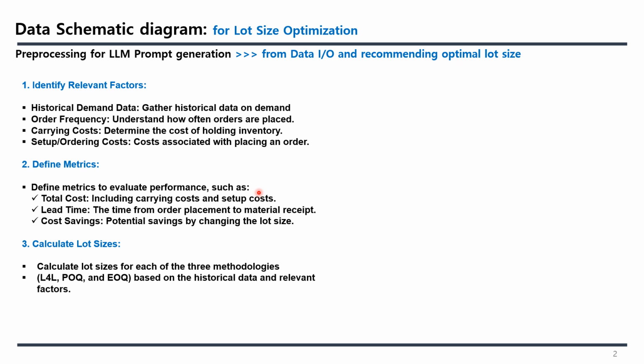First of all, I had better identify the relevant factors which affect lot sizes. They will be historical demand, order frequency, carrying costs, and setup and ordering costs, which will affect the decision of lot sizing remarkably. Then we have to identify the metrics.